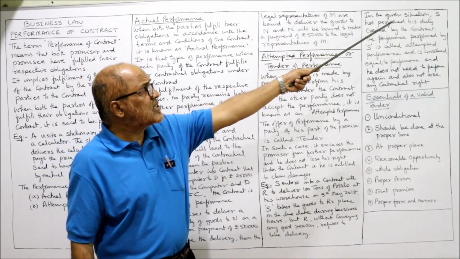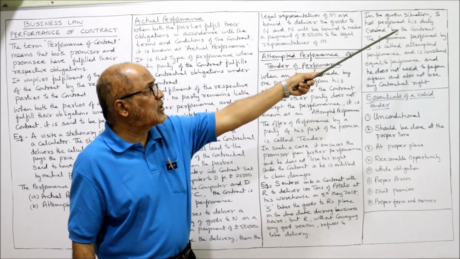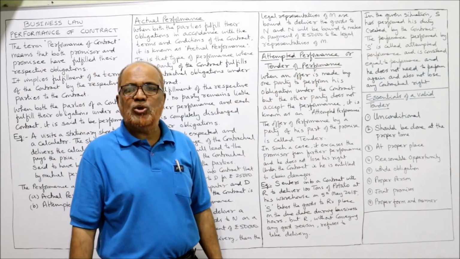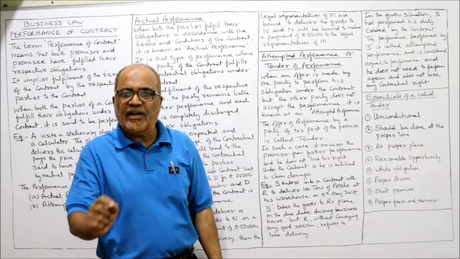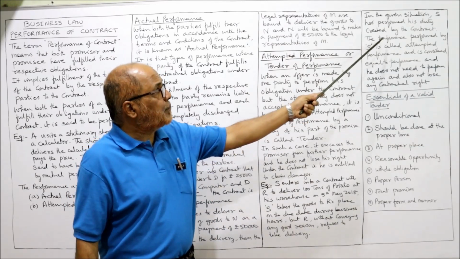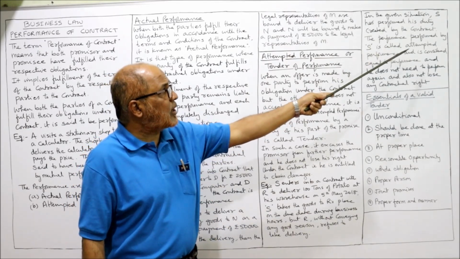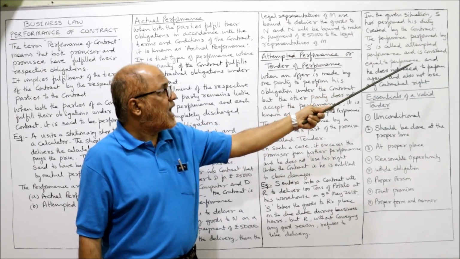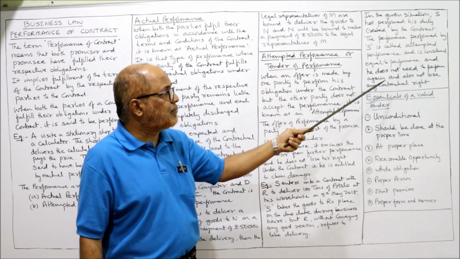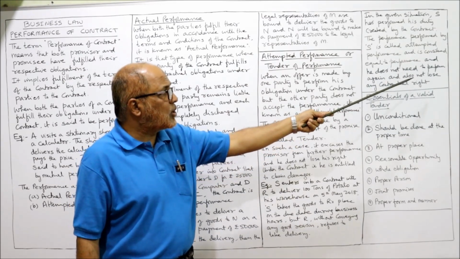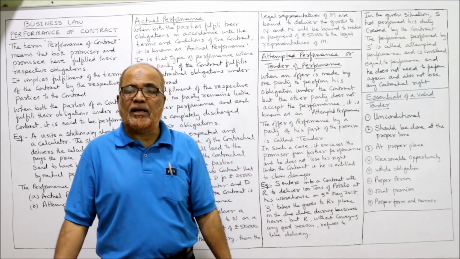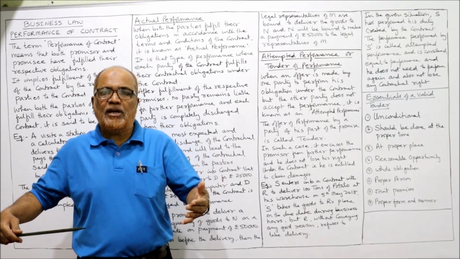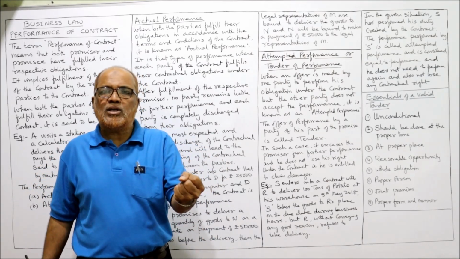Now, in the given situation, S has performed his duty created by the contract. S has completed his duty, the obligation written in the contract. But the performance performed by S is called attempted performance and is considered equal to performance. He does not need to perform again, and he does not lose any contractual right. Because S has completed his obligation, he has full contractual right.